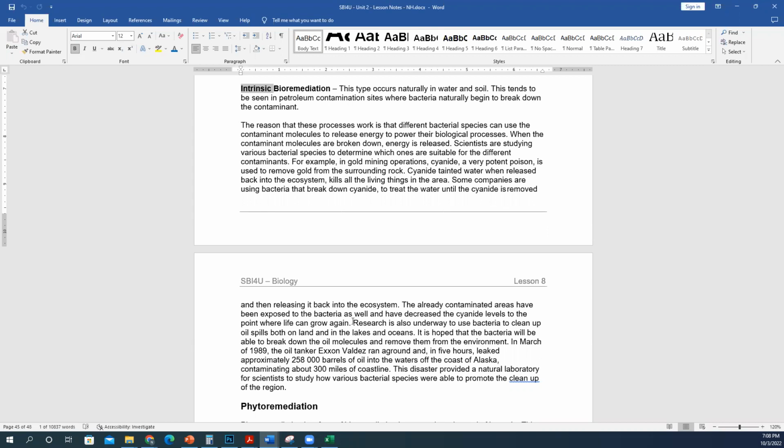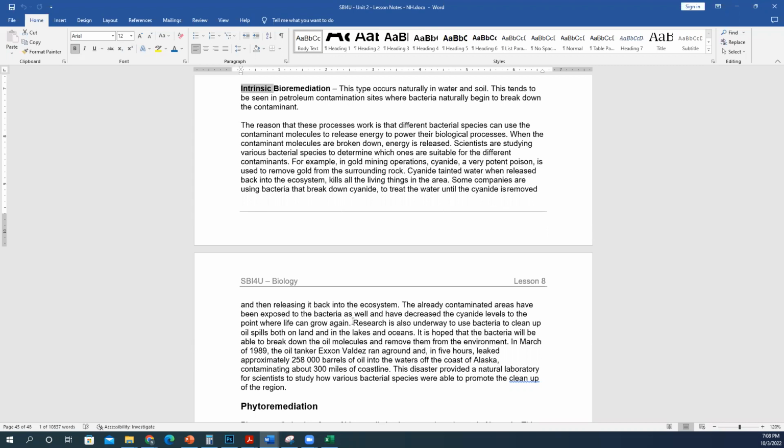There's also research taking place to try to use bacteria to clean up oil spills, both on land and in lakes and oceans. It's the hope of scientists that the bacteria will be able to break down oil molecules and, as a result, help clean up the environment.